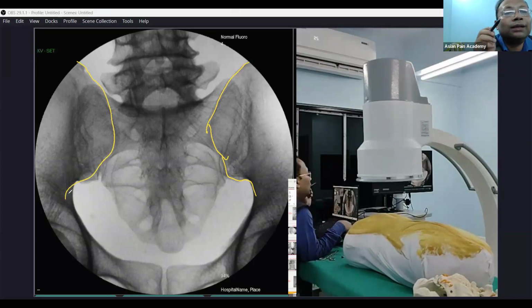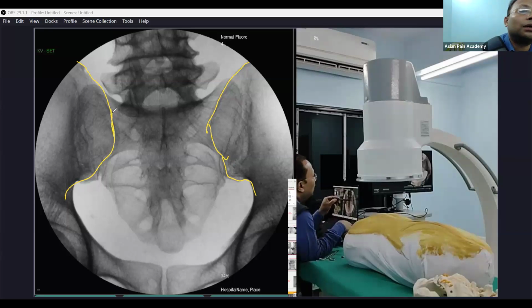So this part you can understand, this most medial part, this is a hanging part on the bone.